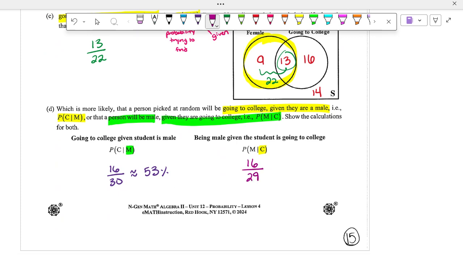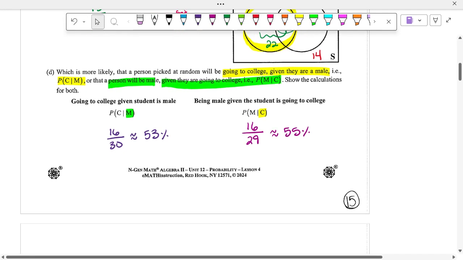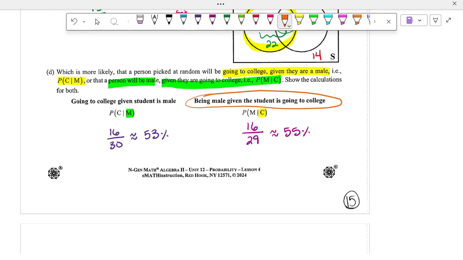So as a percentage, what is that about? 55%. So which one is more likely? So they're going to college and they're going to be male. All right. So the probability that's most likely to happen is that they're male given that they're going to college.